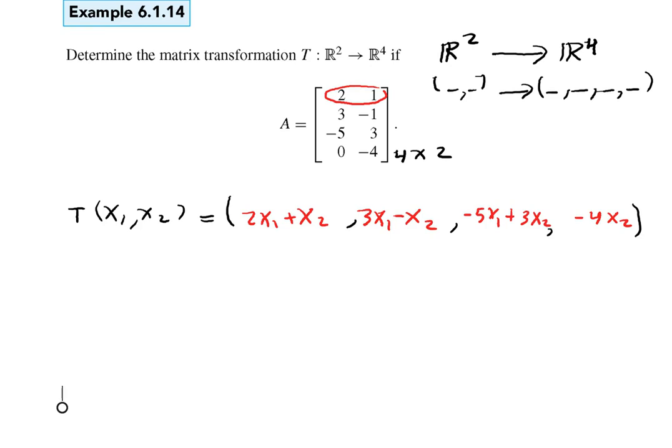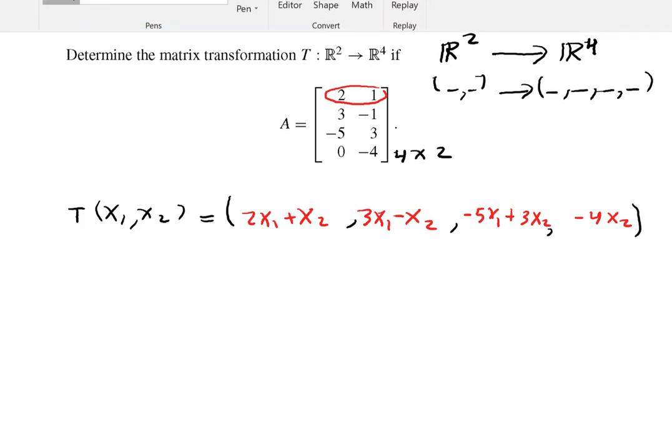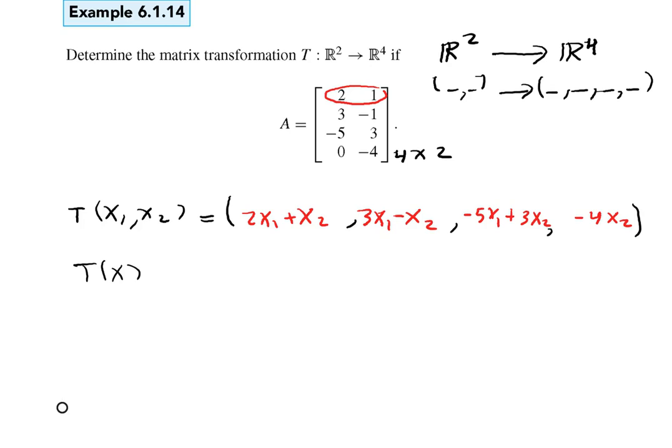Take a look at this. I have T of x defined as Ax. So it's a matrix A of size 4 by 2 times an input x that belongs to R to the second.